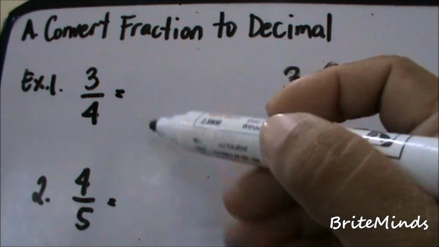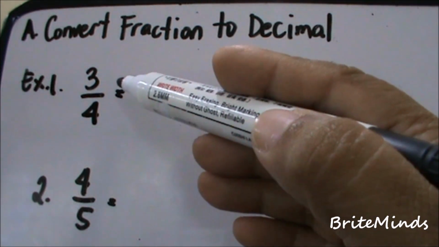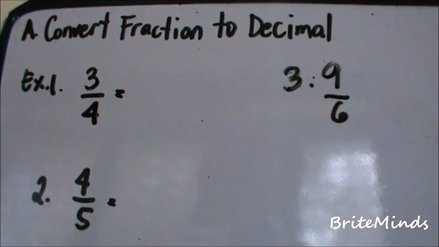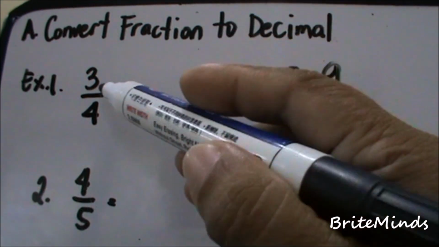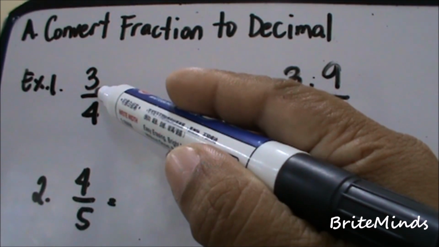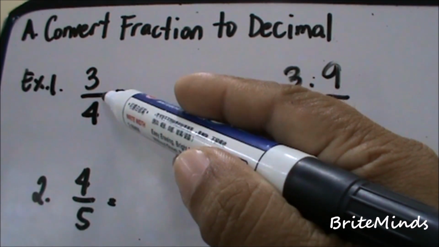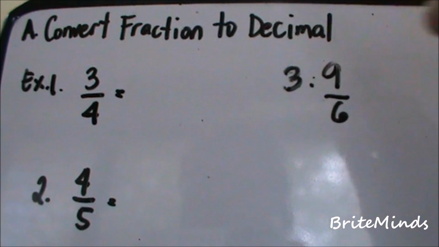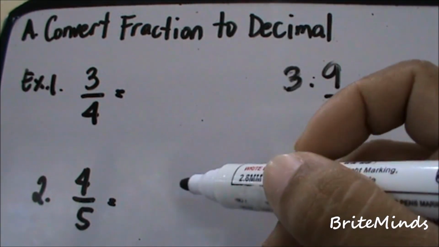Okay, so the first example is 3/4. To convert a fraction into a decimal, simply perform division. We all know that the fraction bar, which is also the same term as vinculum, represents division.